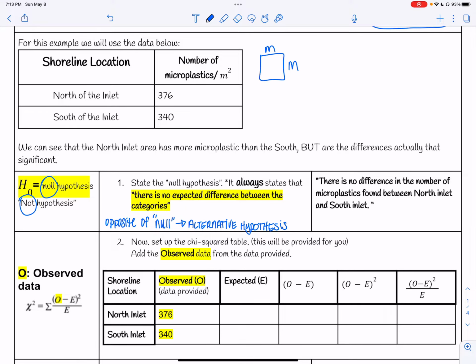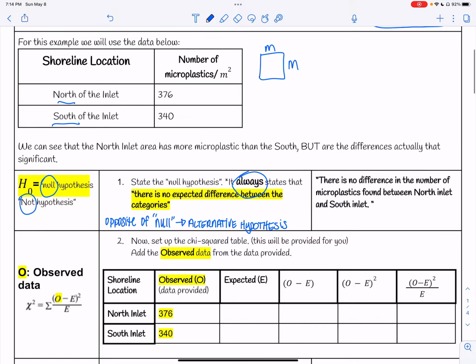The null hypothesis is always going to say something along the lines of there is no expected difference between the categories. And then obviously you'll specify more with what the categories actually are. But the alternative hypothesis is the opposite. So there is a difference between the categories, or there will be a difference in the number of microplastics in different shoreline locations. So that's step one.